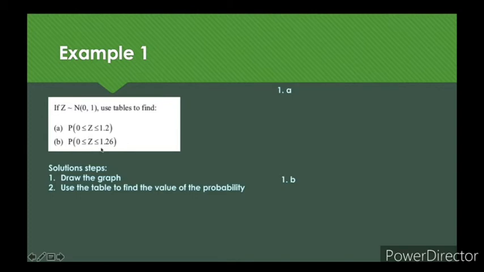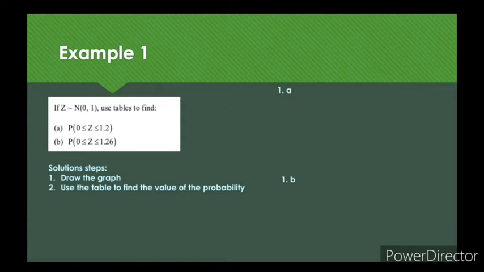The first step to solve this kind of problem is drawing the graph, meaning the normal distribution curve, the bell-shaped graph. The second step is finding the value of the probability by using the table.